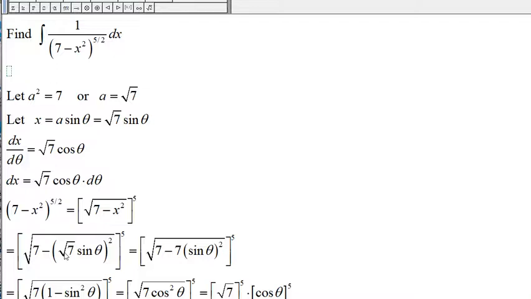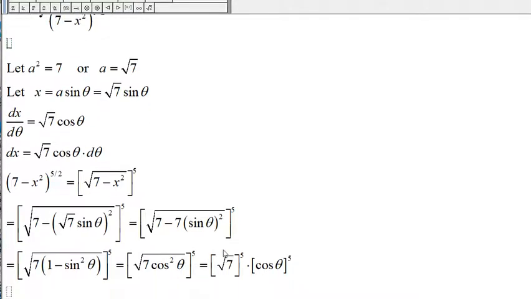The square root of 7 times sine of theta, squared, is 7 times sine squared theta. Factor out the common factor of 7, so we have 7 times (1 minus sine squared). 1 minus sine squared, from trigonometric identities, is cosine squared.